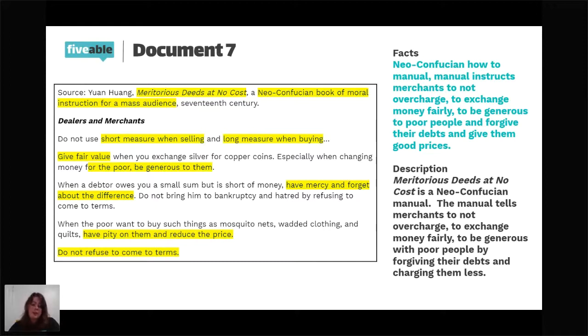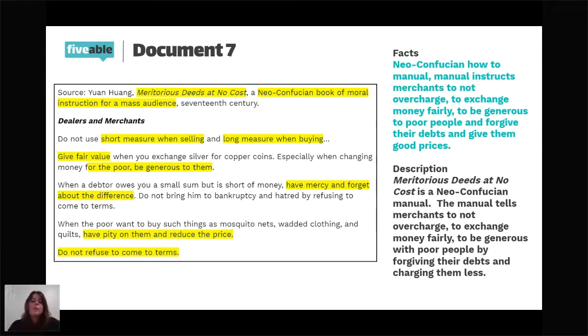Be generous to them. If you've ever traveled to a foreign country and you want to exchange your American dollars for euros, you go where there's the best rate of exchange. The money changers get a percentage, right? That's why they say use your credit card, because you'll get the best rate of exchange with your credit card or bank card.